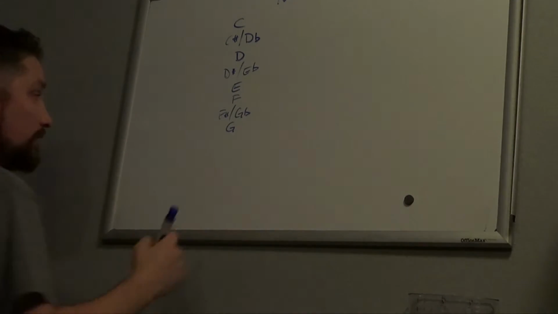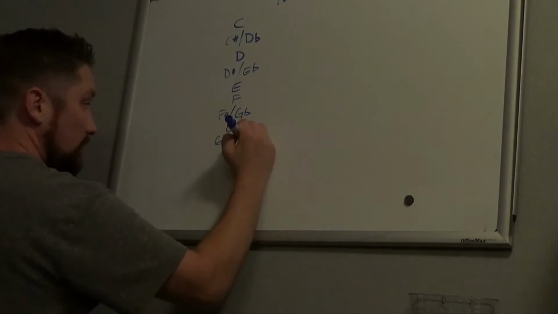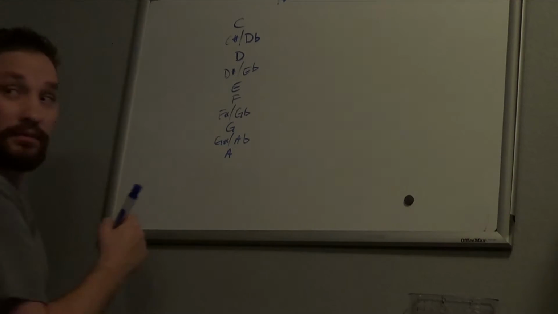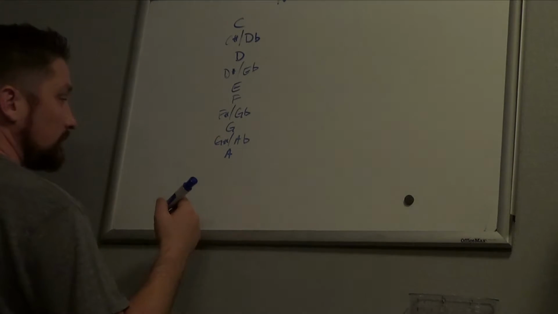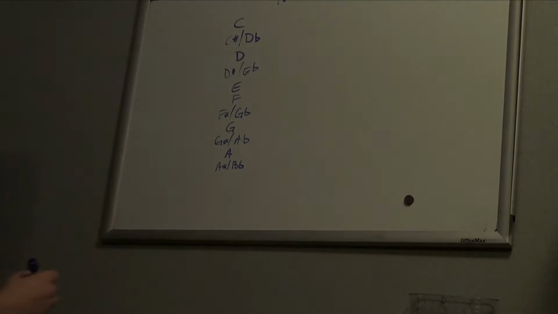G. Andrew? G sharp or A flat. Thank you. Tommy? A. Ellis? A sharp or B flat. Kyle? B. Brandon? C. So I want you to notice a couple of things.